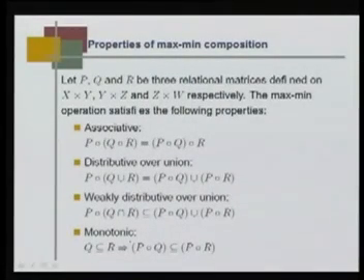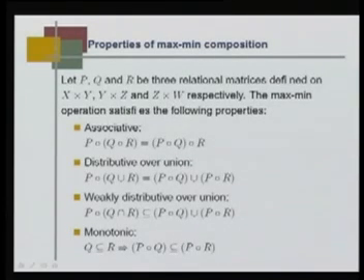As usual, max-min composition follows certain properties: associative, and distributive over union, that is, P composition (Q union R) is P composition Q union P composition R. Similarly, weakly distributive over intersection, that is, P composition (Q intersection R) is a subset of (P composition Q) intersection (P composition R).